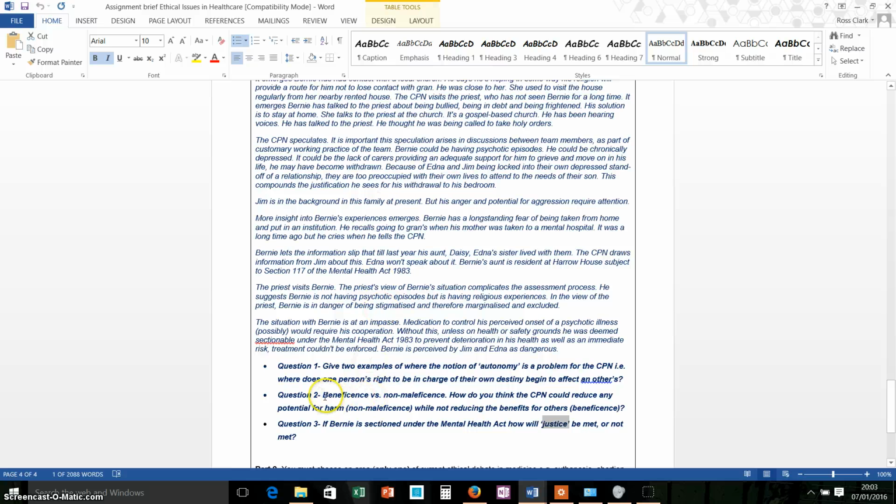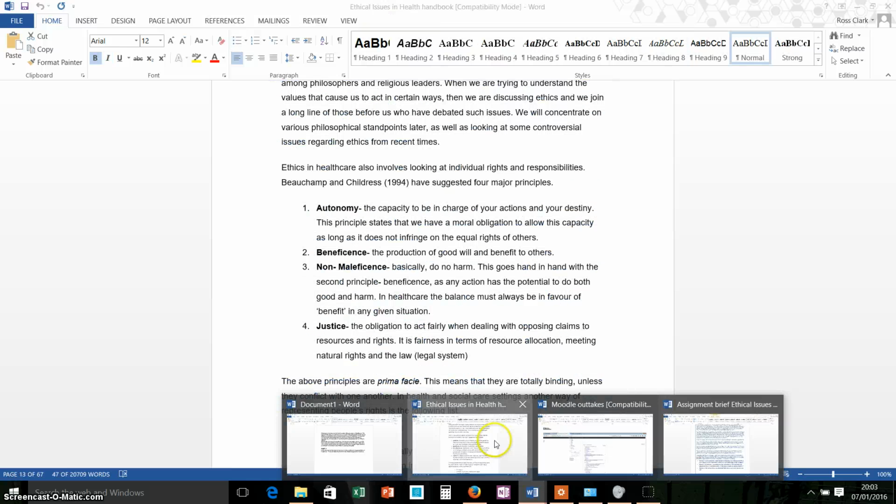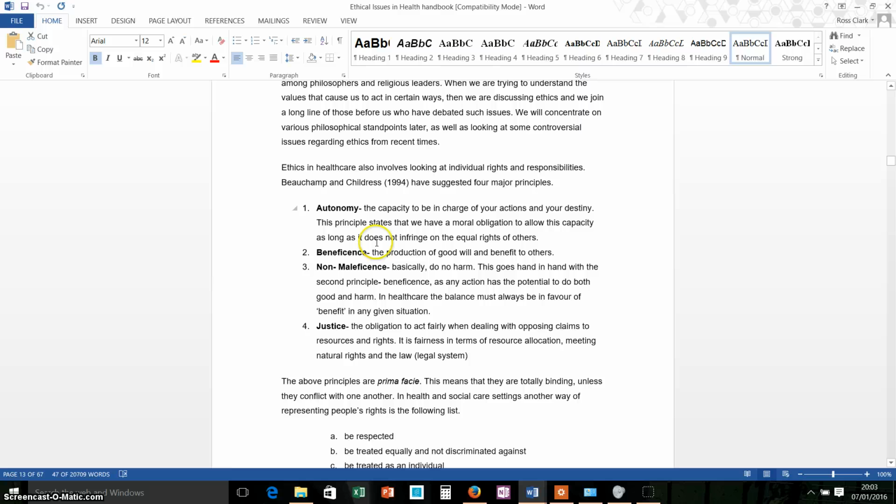Question 2 is this idea of beneficence versus non-maleficence. Now, at first, a lot of people think that it's basically the same thing. Beneficence is the production of good, whereas non-maleficence is doing no harm. So, the best way to describe this is, if I give somebody £5, I'm doing something good for them.